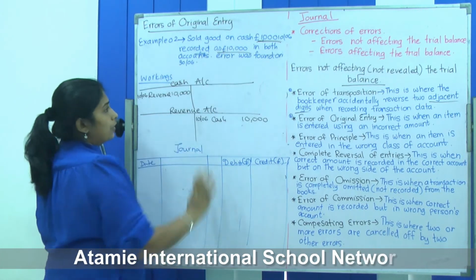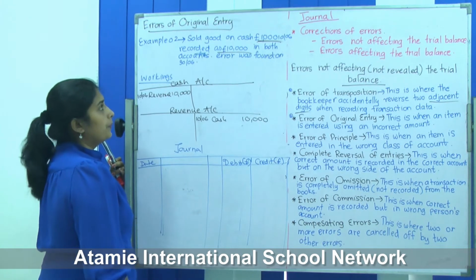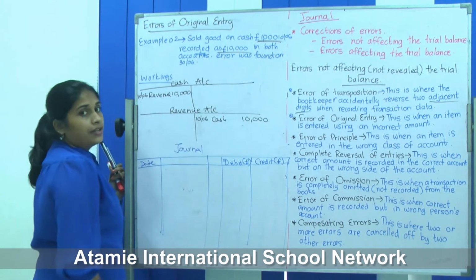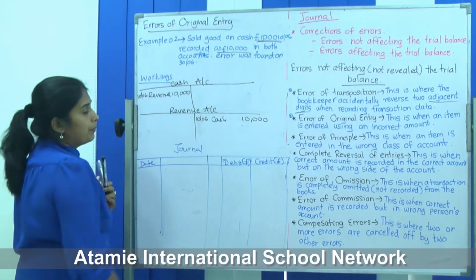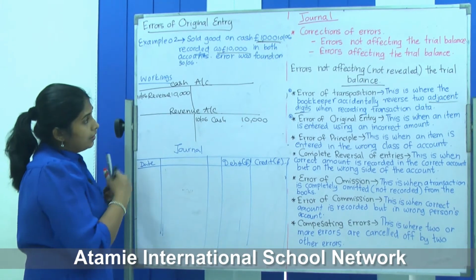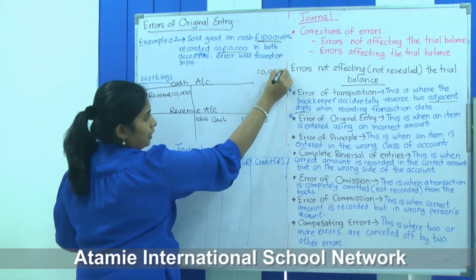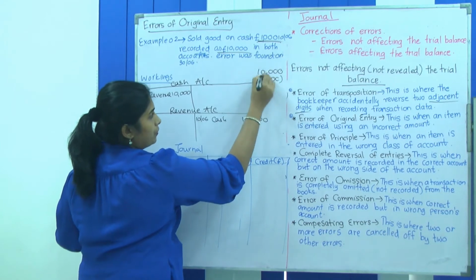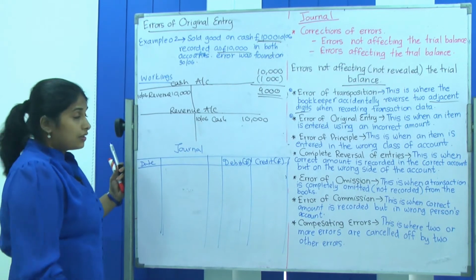Okay, so this is what the bookkeeper has done. The business sold the goods only for 1,000, but the bookkeeper mistakenly recorded the 1,000 as 10,000. So this is the bookkeeper's entry, but this is wrong. Why? Because the actual amount is 1,000 but he has recorded as 10,000. So he has increased the amount by 9,000.